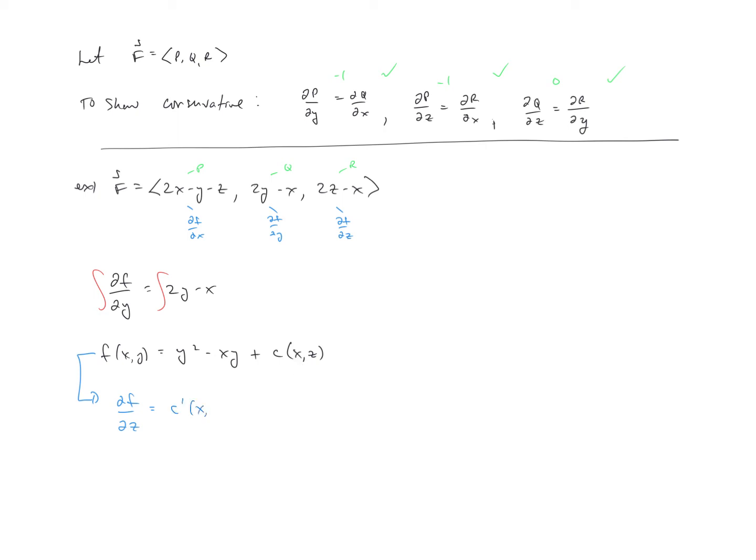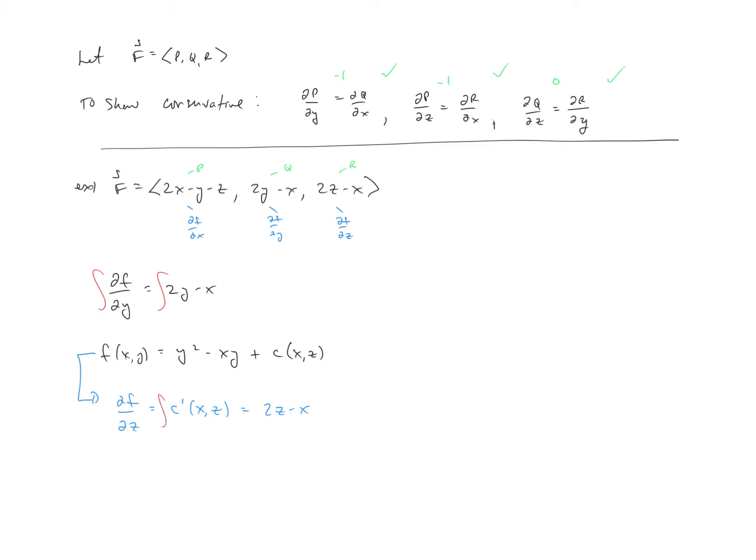So c prime of xz. So this blue stuff was found from this. Now I will go ahead and set it equal to what it should be up here as the 2z minus x. So 2z minus x. So from there, it's pretty clear that c prime equals this. So I don't really need to carry that down any further.